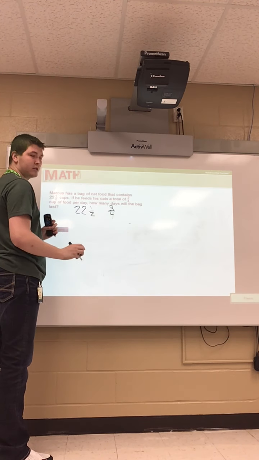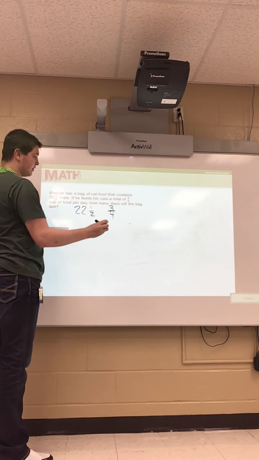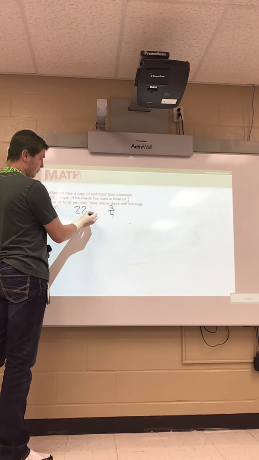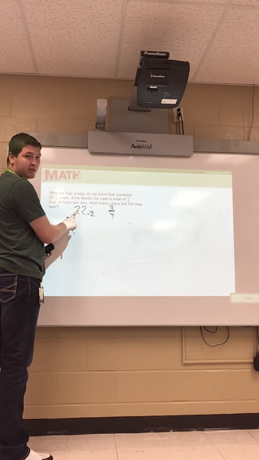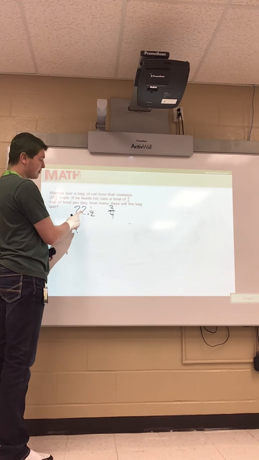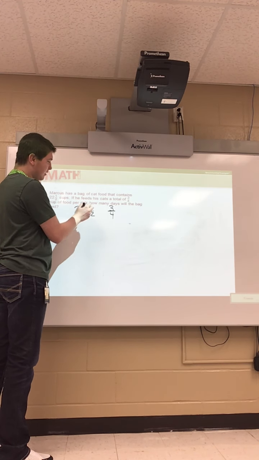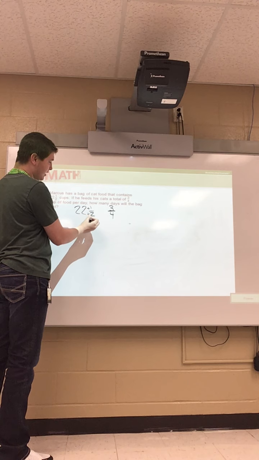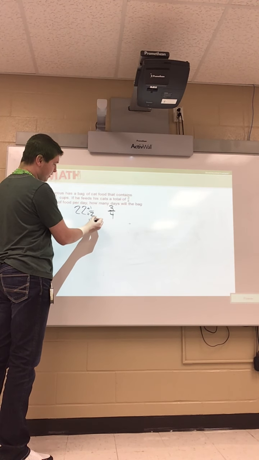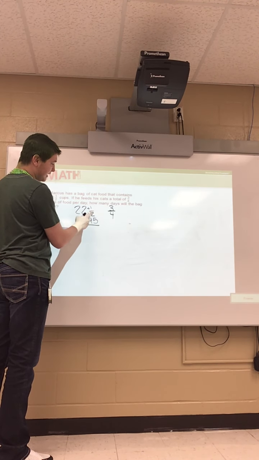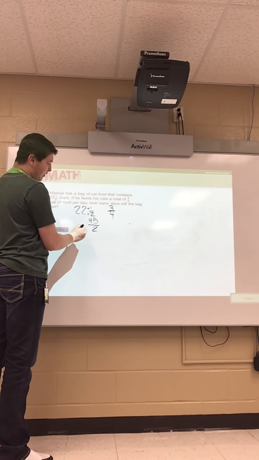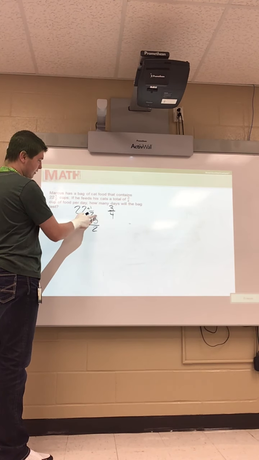Just to give you a quick hint, turning this into an improper fraction, remember, the bottom number times the whole number. So 2 times 22 gives you 44, and then 44 plus 1 gives you 45 over, and keep the bottom number. So 45/2, okay?